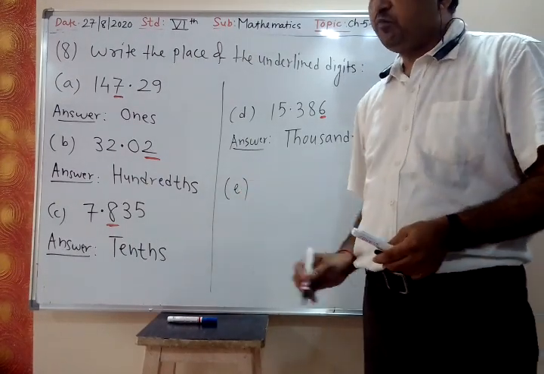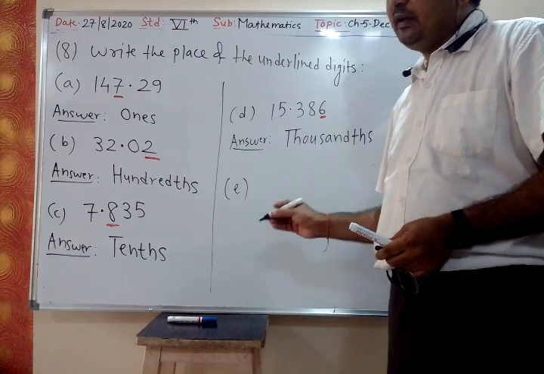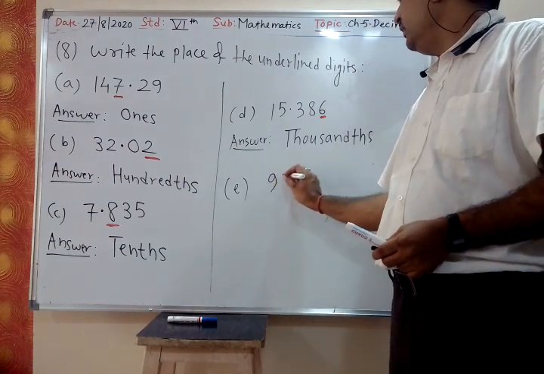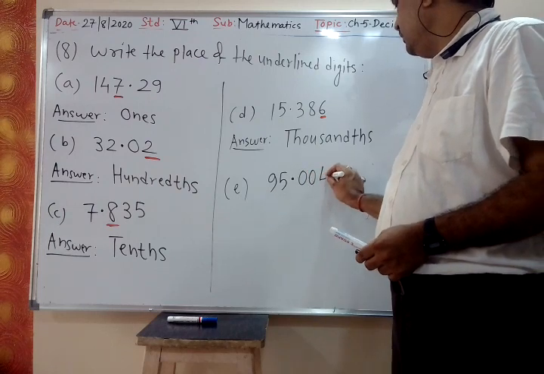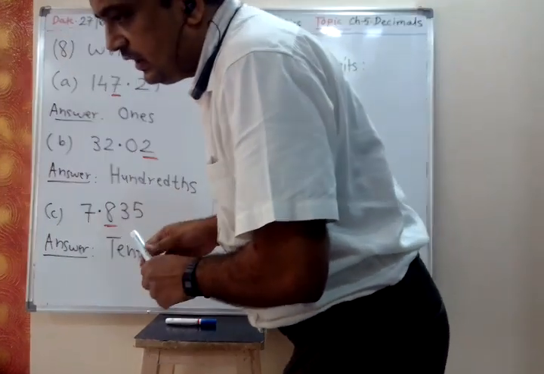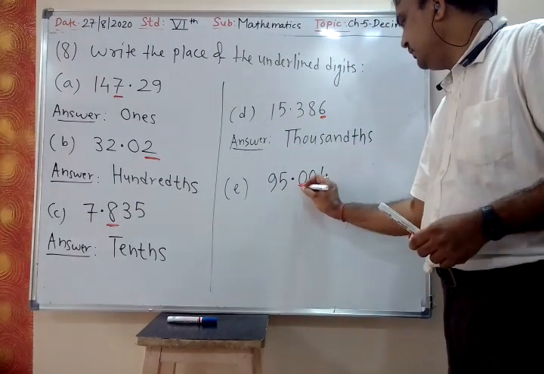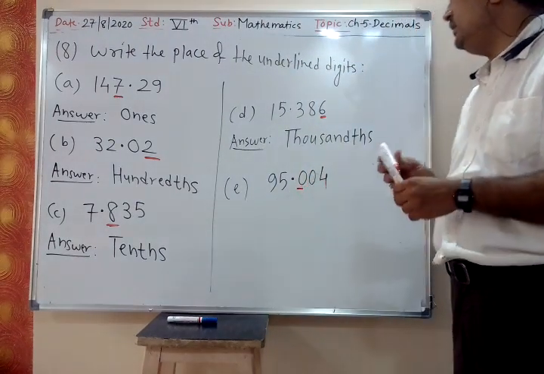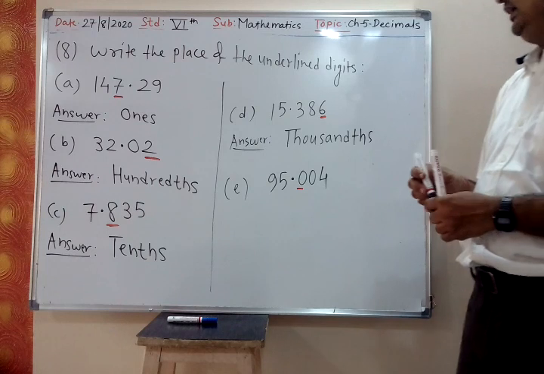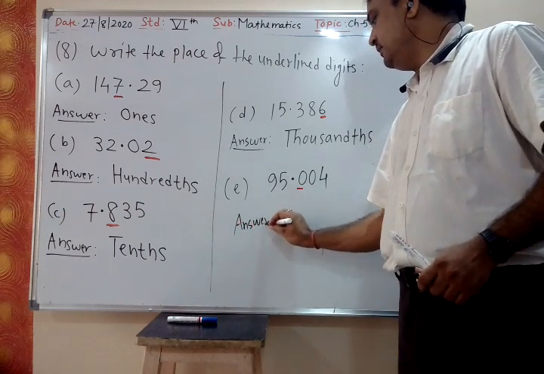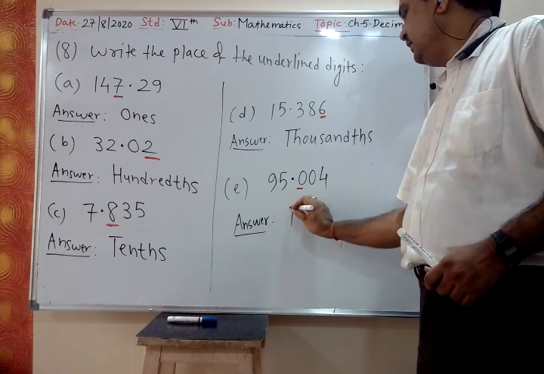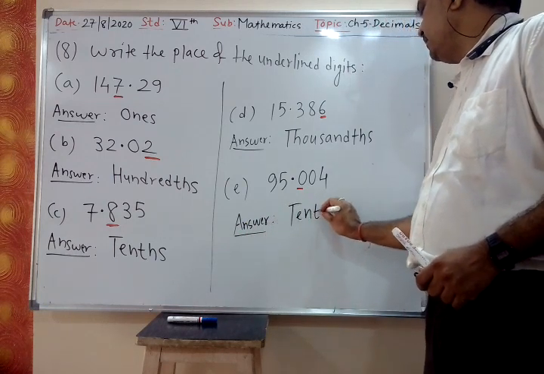Then E: 95.004. And which digit is underlined? This 0. So this is tenths. You have to write down the place. Place means position. So the answer is tenths.